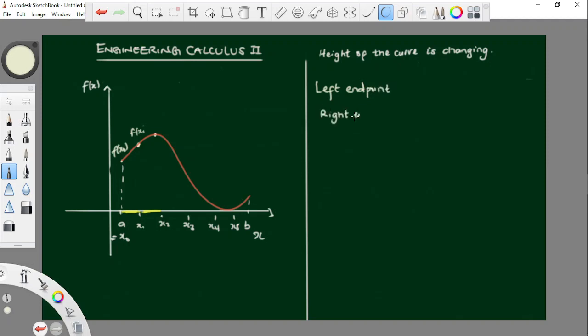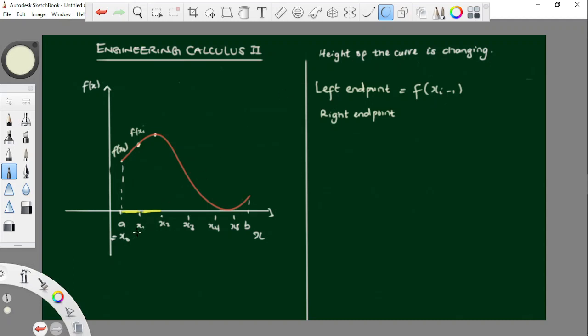It means that if we're using left endpoint, between the interval of our rectangle, the height of the rectangle will correspond to the function at the left hand side. We're going to denote it by x_{i-1}. The reason why I'm doing this by x_{i-1} is I'm assuming that x_i is our function here.